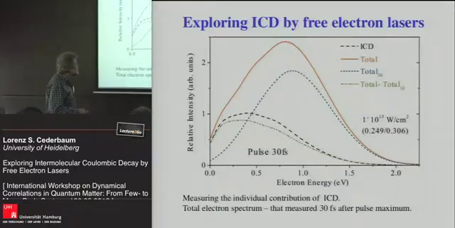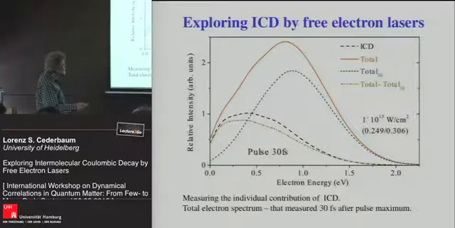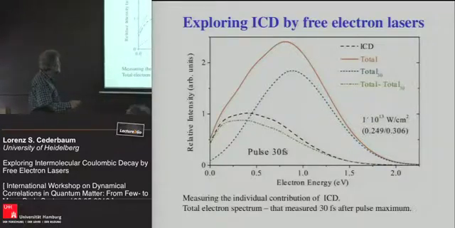So if we measure the total yield after a long time, or the total yield up to 30 femtoseconds, let's say, then the pulse is over, and we subtract. So this is the measured total yield up to 30 femtoseconds.